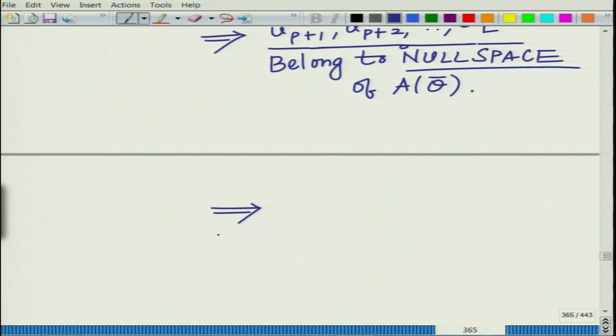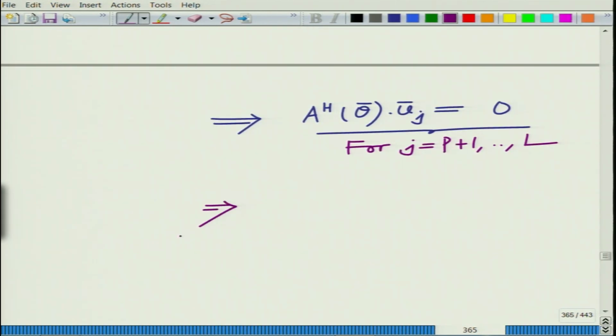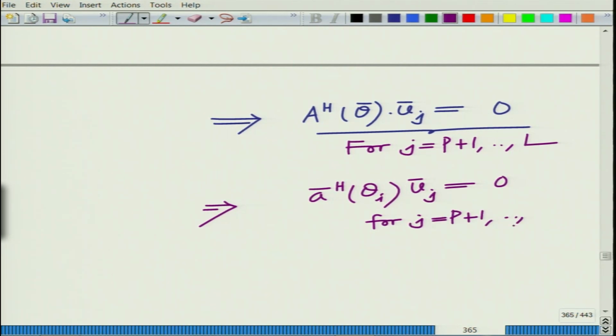This implies that if you take A Hermitian theta bar times u bar j, this is equal to 0 for j equal to p plus 1 up to L. This implies that for any vector A bar Hermitian theta i times u bar j, this is equal to 0 for j equal to p plus 1 up to L.